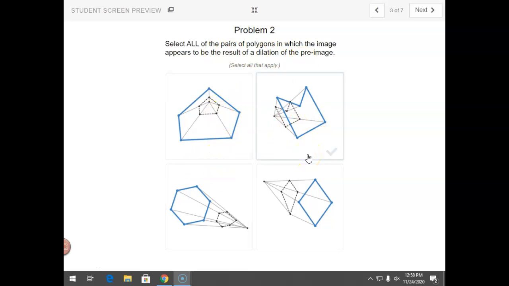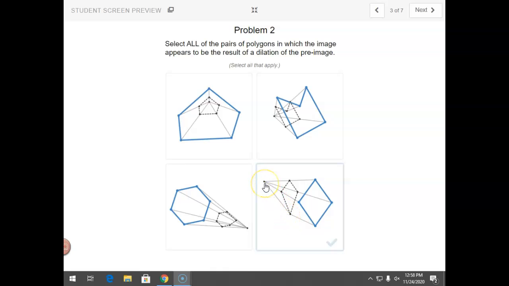In order to do that, you need to look at the image. You can see that this image right here is the same as this one. So right now that looks like a dilation because it's the same. This image, almost at M, is the same as that. That matches up. If you look over here, this side length is not the same as that side length, and it's not going at the same angle.